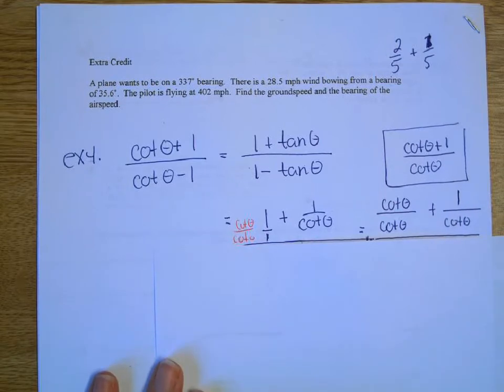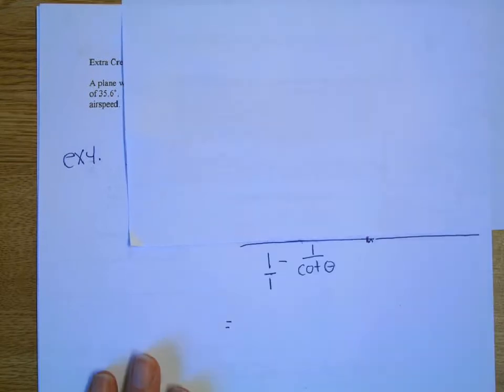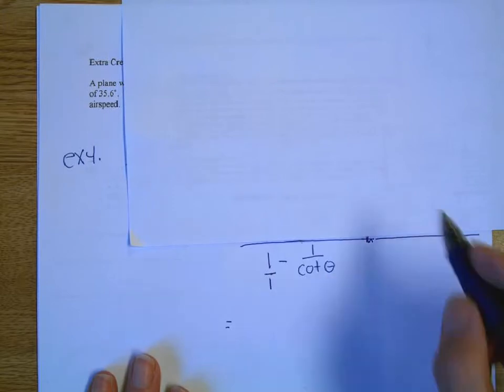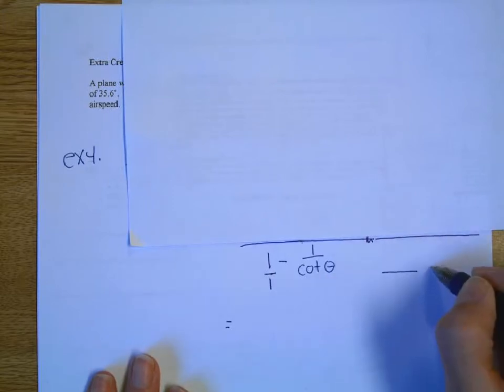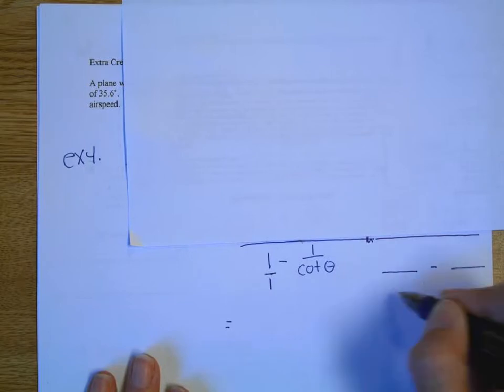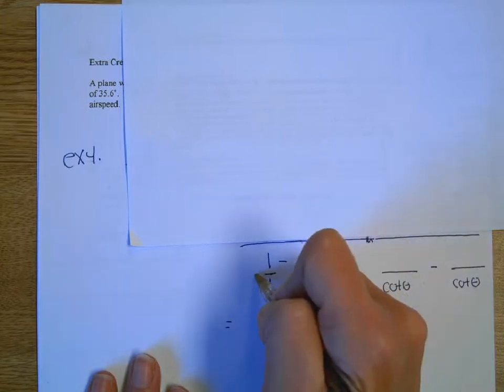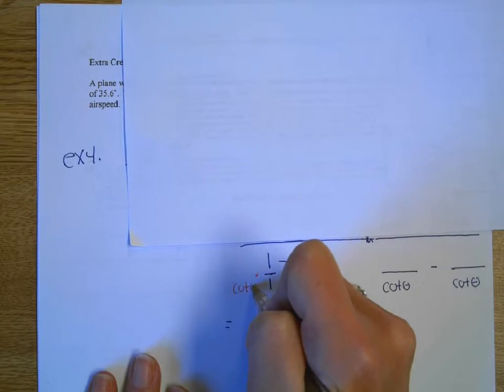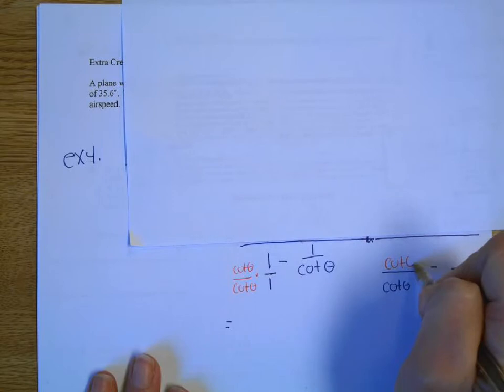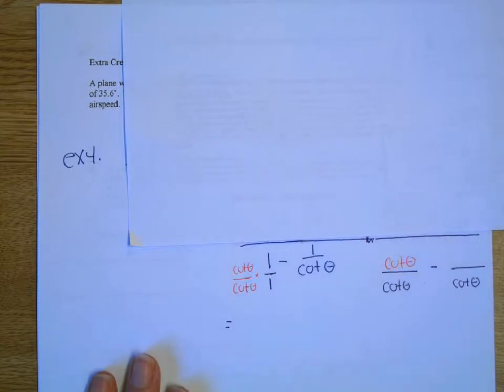Okay, let's do the same process with the bottom. What's my common denominator here? I'm going to make two fractions with a subtraction in the middle of them. I want them over cotangent. What's my first numerator going to be? What's my second numerator going to be?